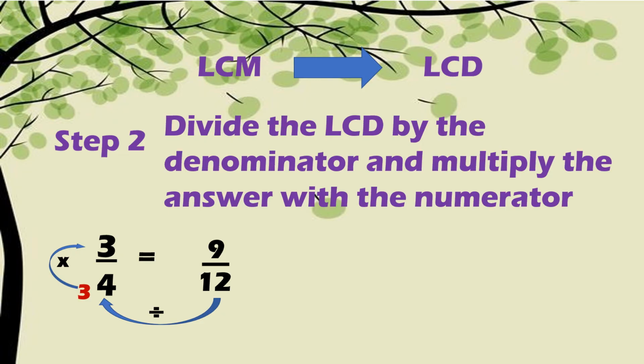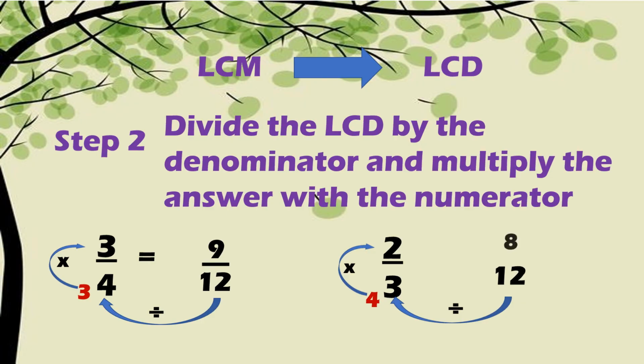Let's do the same thing with our second fraction, which is 2/3. 12 is our LCD. 12 divided by 3 is 4. 4 times 2 is 8.